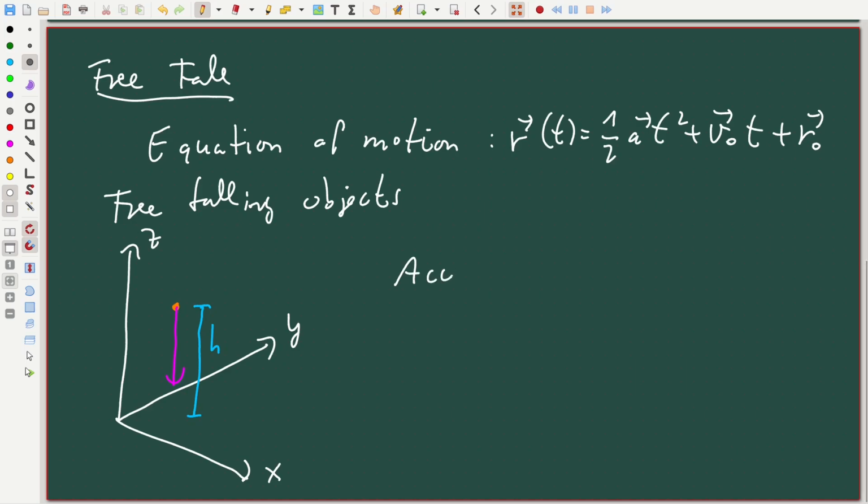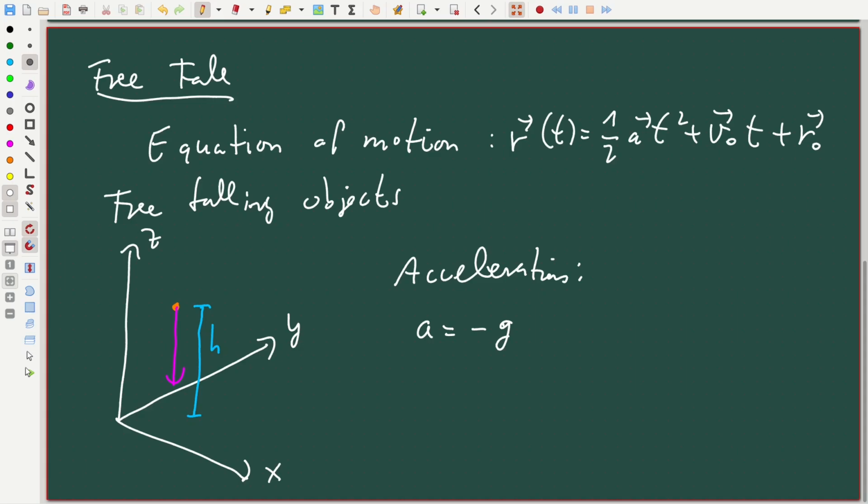And as we might know, every object is accelerating with the same magnitude downwards, and this is called gravity in the gravitational field of the Earth, very close to the surface of the Earth. This can be written as g, letter g, and in this case I call it minus g, because our acceleration points downwards in negative z direction.